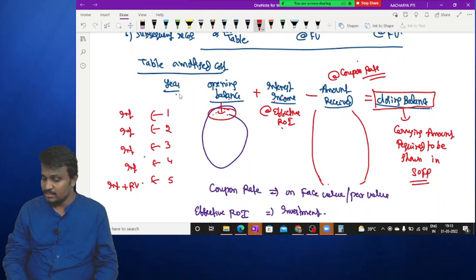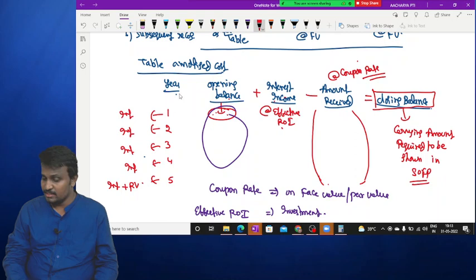So here: opening balance, interest income at the effective rate of interest, amount received, closing balance.